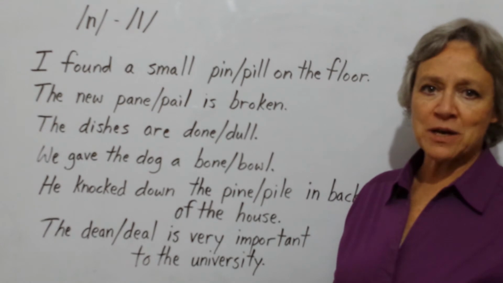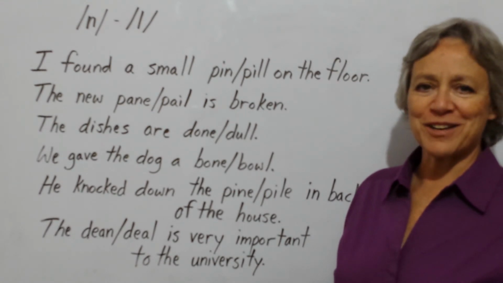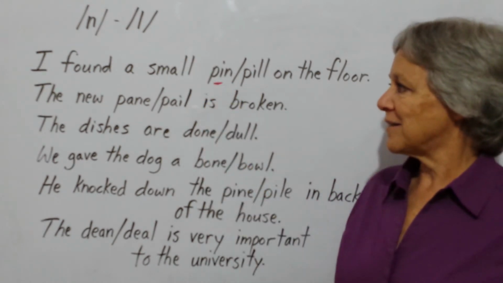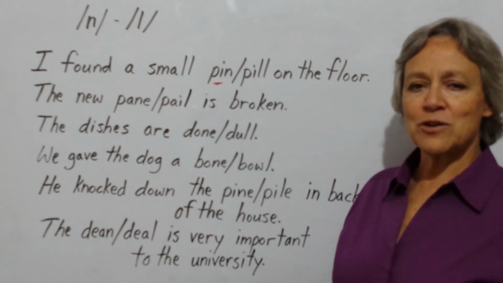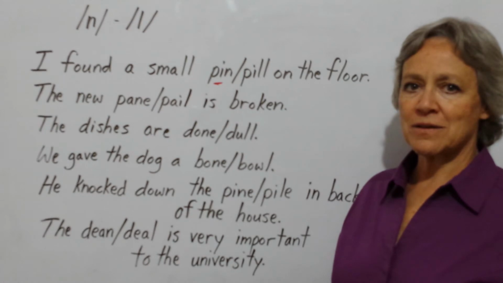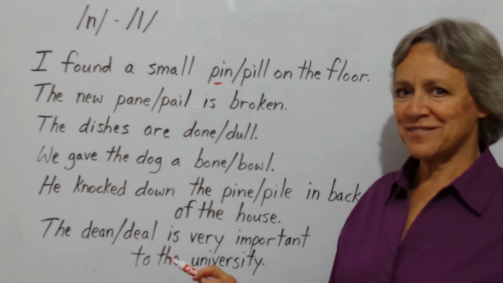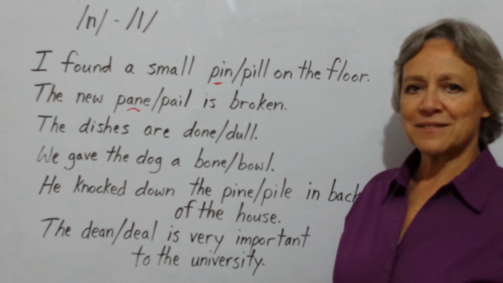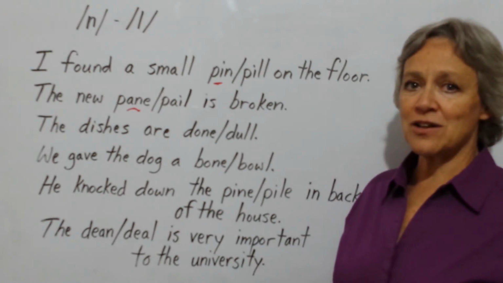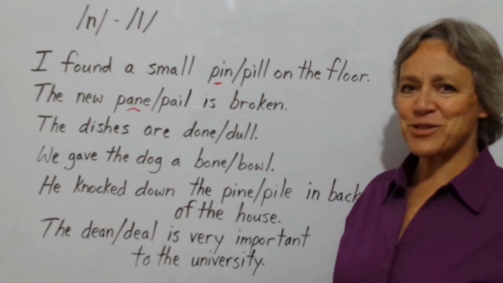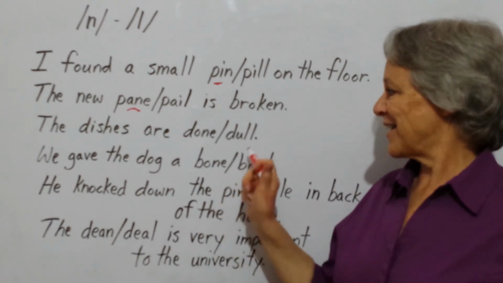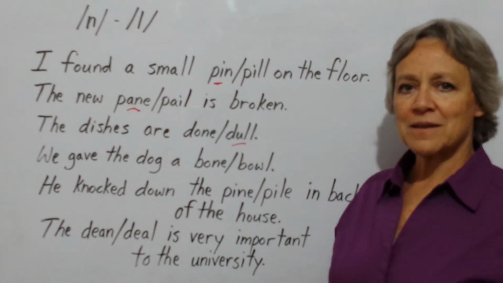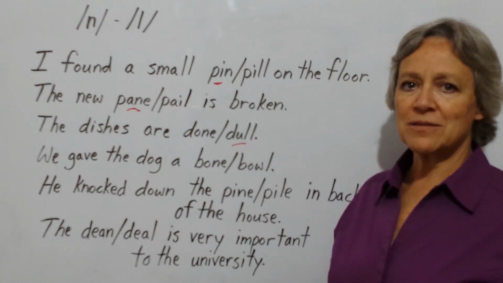I found a small pin on the floor. All right, which one? Pin. The new pane is broken. Okay, which one? Pane. The dishes are dull. Which one? Dull. We gave the dog a bowl.